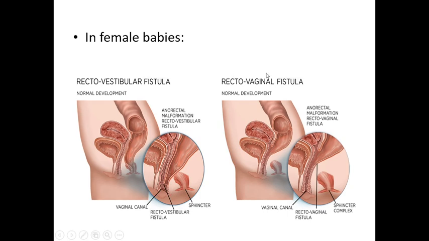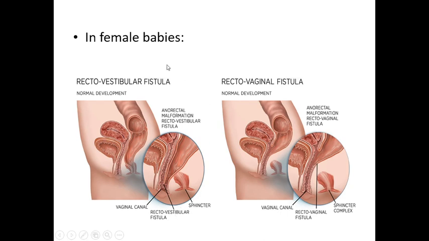So this is called rectovaginal fistula. But this is a high anomaly, somewhat in an upper level the deformity is. And here this opens into the lower part, that is to the urethral opening. Then the feces will come out through the urethra. So this is called rectovestibular fistula.